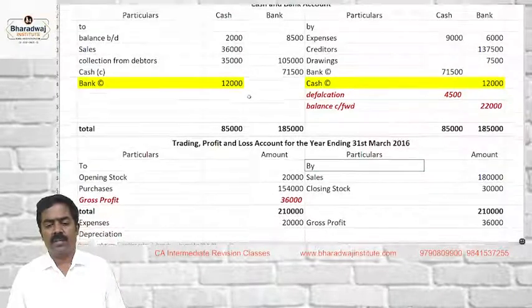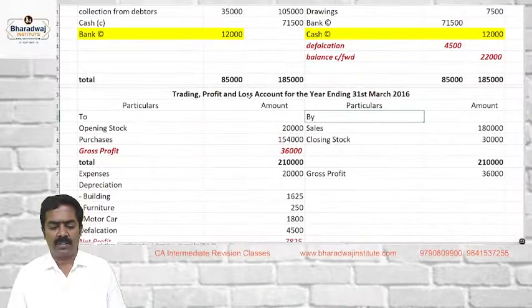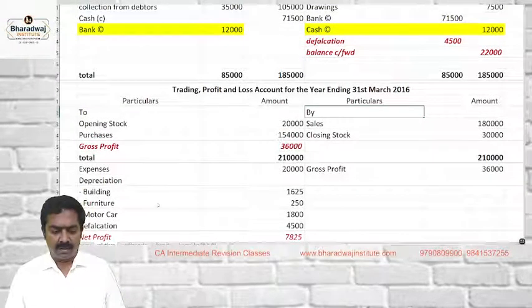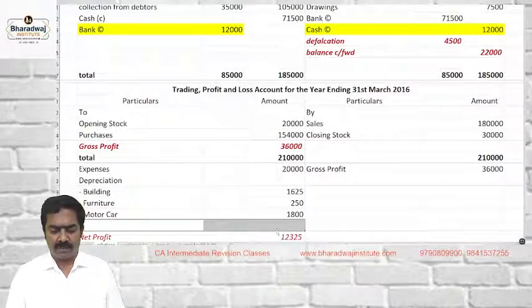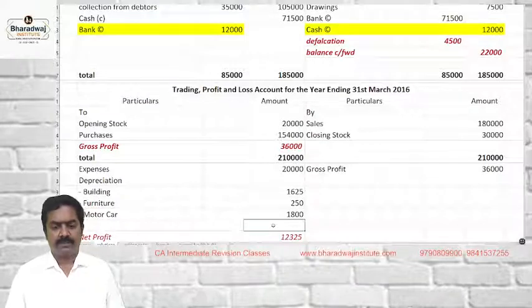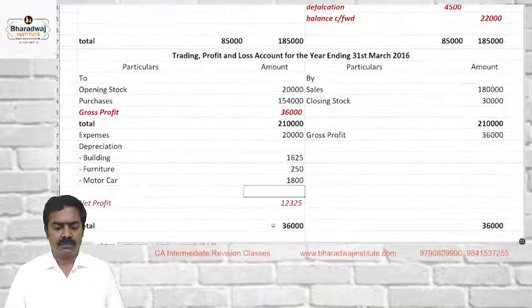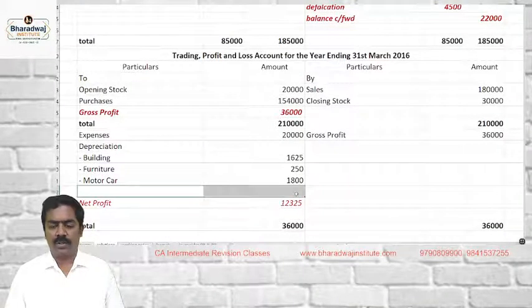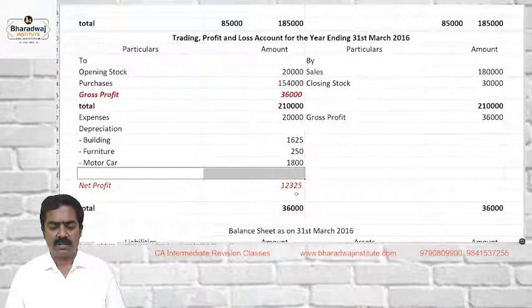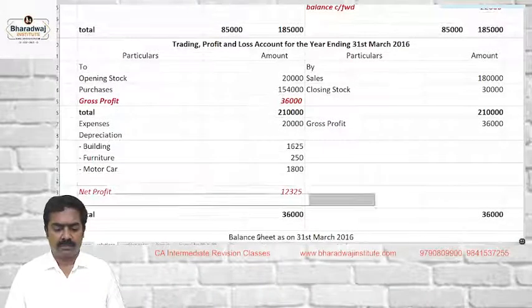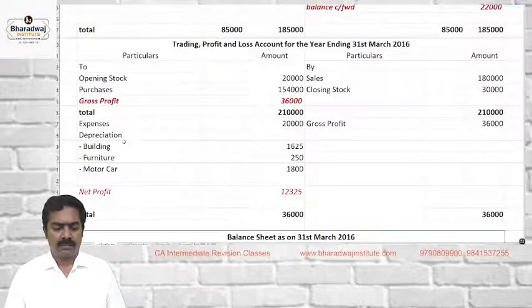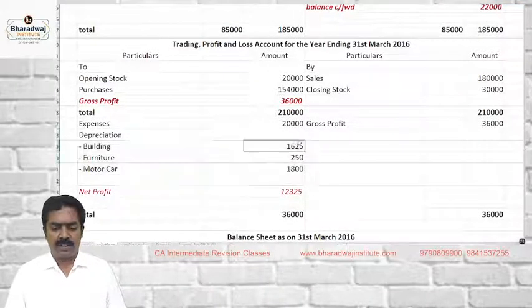Then record all the expenses including depreciation. Defalcation should not come here. Defalcation should go to what? Balance sheet. So depreciation it is specified.